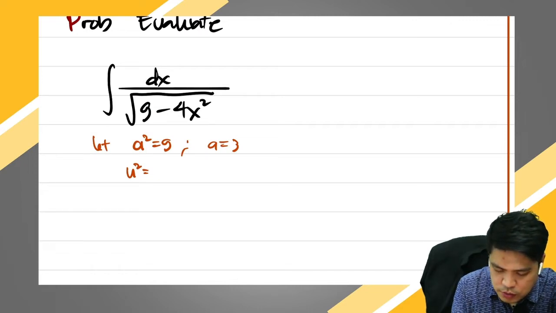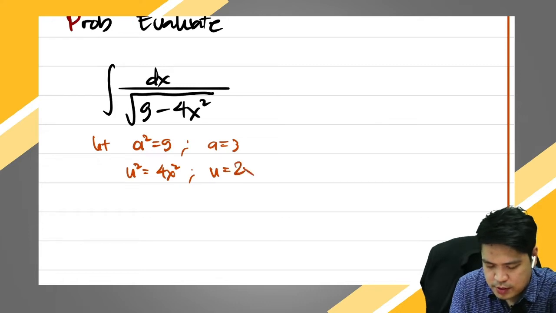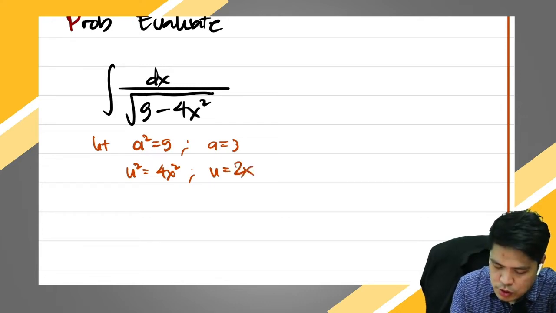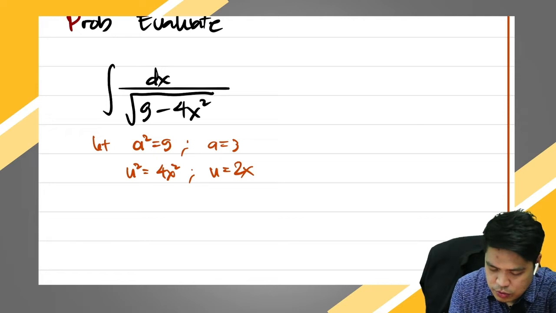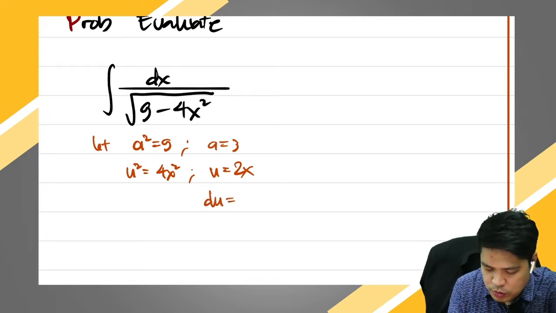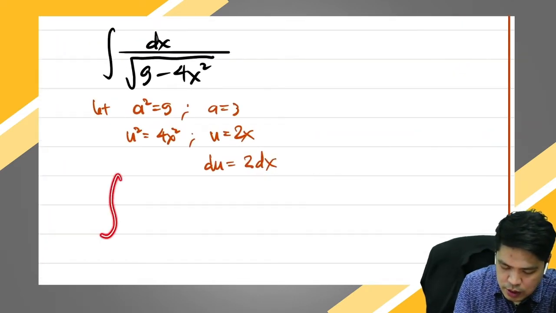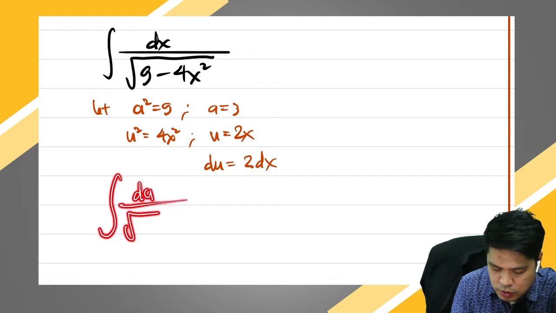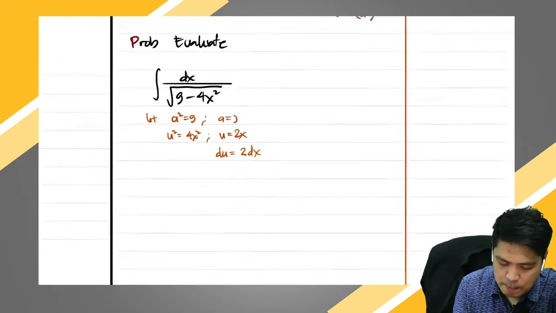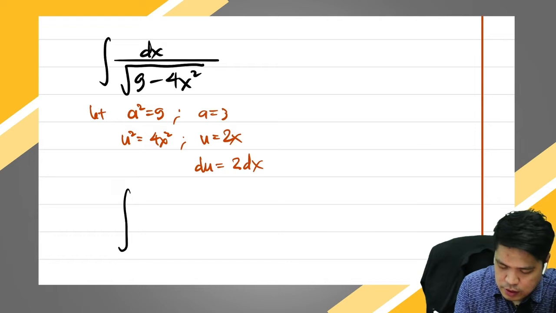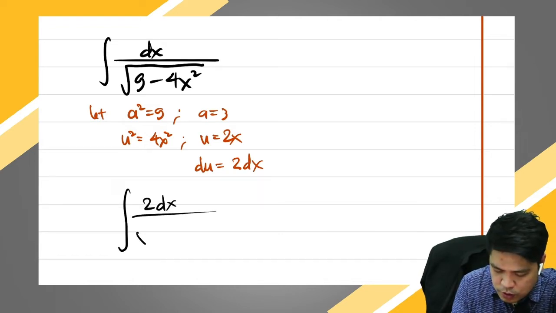Okay, if u squared is equal to 4x squared, it follows that u is equal to 2x. So, if u is equal to 2x, du would be 2 dx. Okay? So, if we reconstruct the integral of du over the square root of a squared minus u squared, we would be writing the integral of du, that's 2 dx, over the square root of a squared minus u squared.